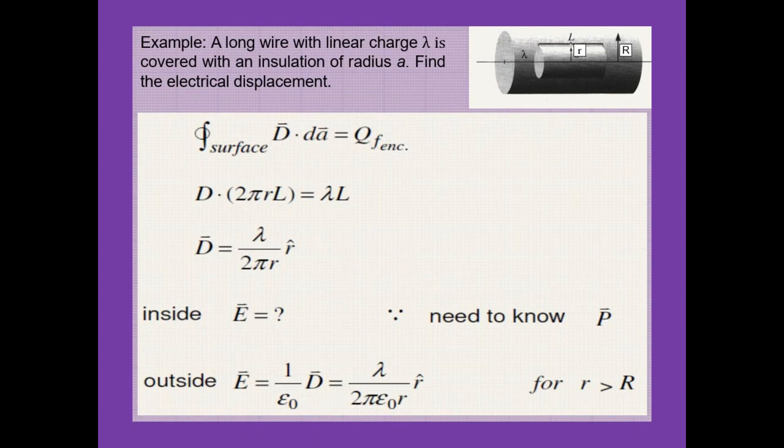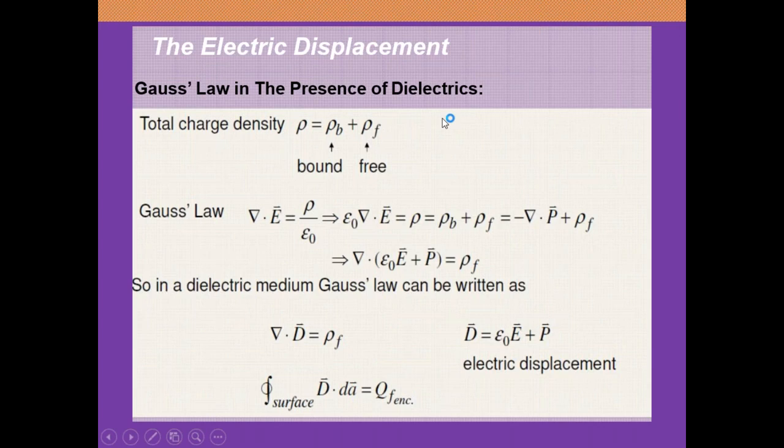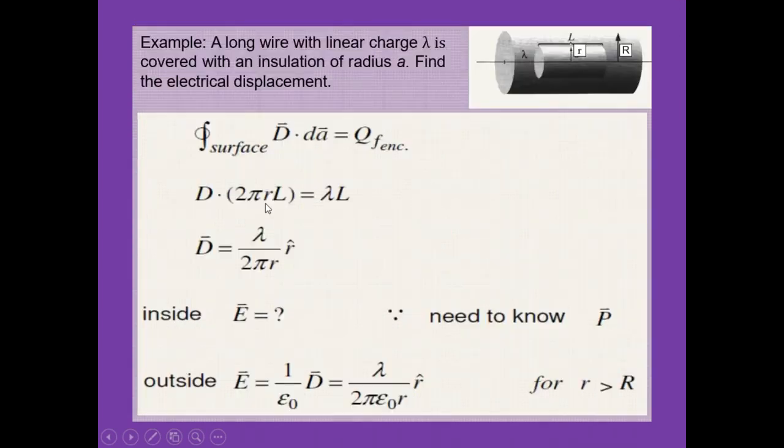Now let's look at it this way. From our previous section, you could find this formula. This is the formula we are trying to use now. So we bring it in, and have D times 2 pi r l, which is equal to lambda l. So D is equal to lambda all over 2 pi r, multiplied by r hat.